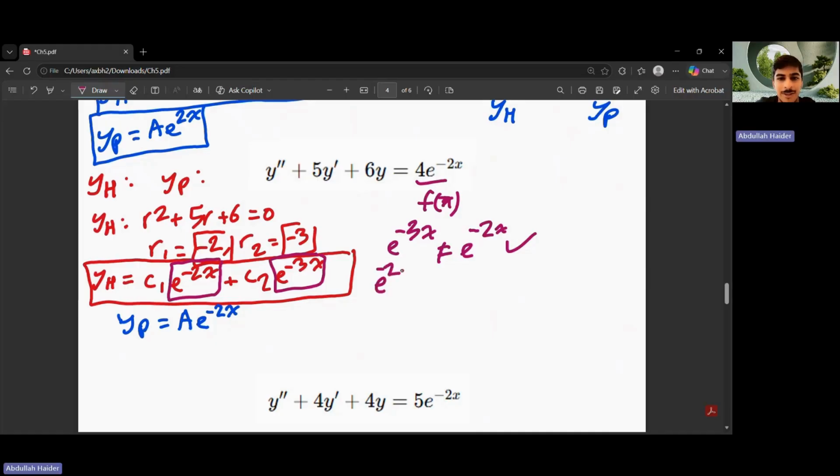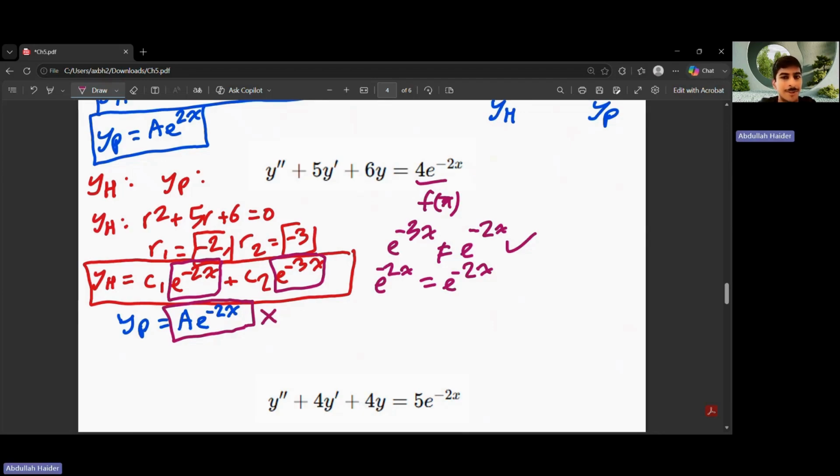E power -2x equals e power -2x. So this is not what we want. This will cause the solution to become dependent, and we want an independent solution. So since e power -2x appears once over here, we will multiply this by x.